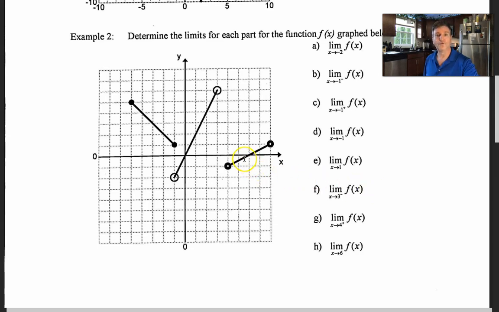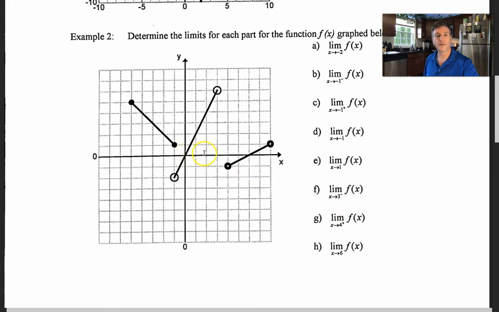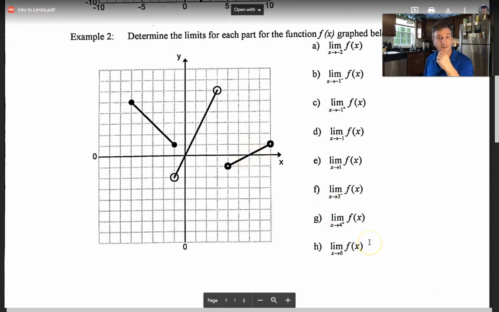As we approach 4 from the right, we're going to -1. And as we approach 6, let's go 1, 2, 3, 4, 5, 6. As we approach 6, it's a two-sided limit from the left and from the right. The answer is 0. That's example 2.